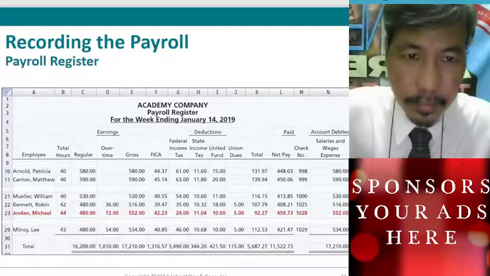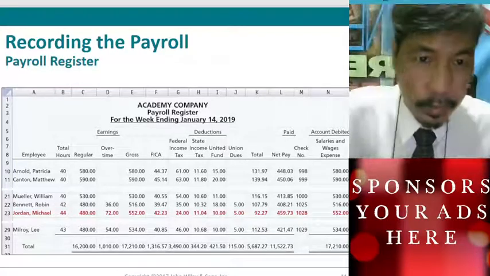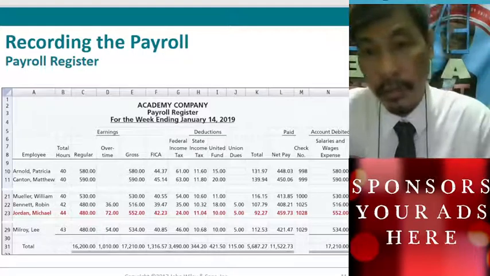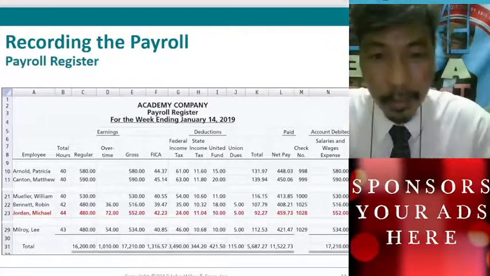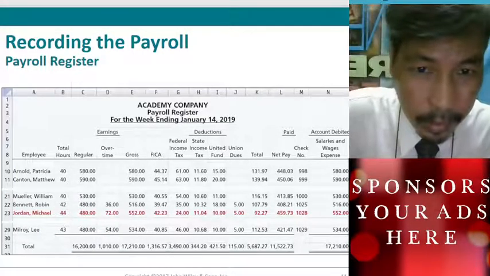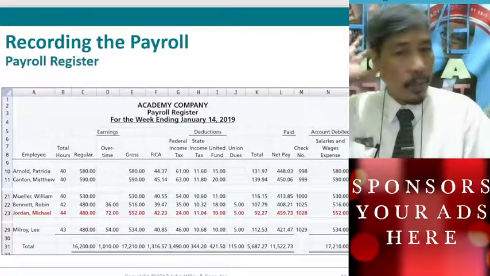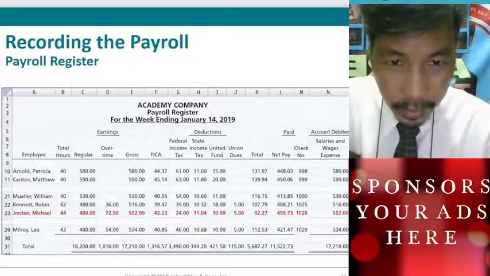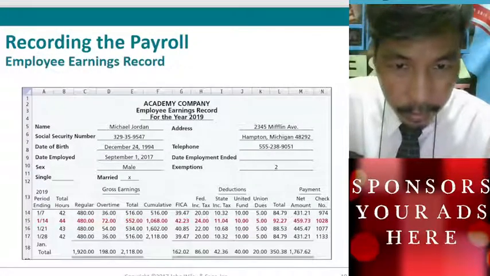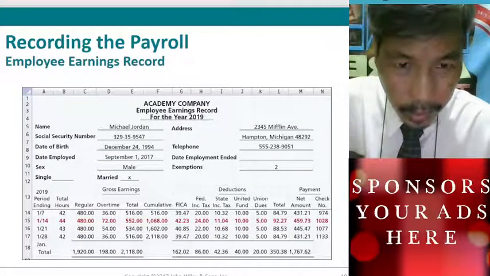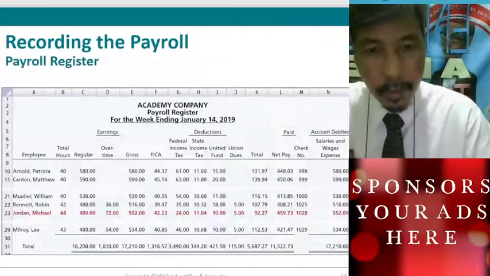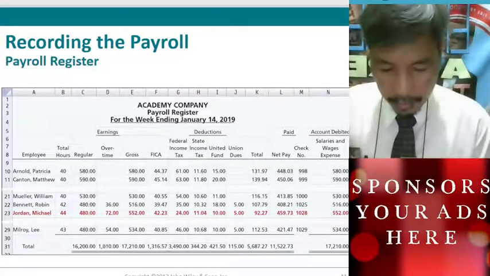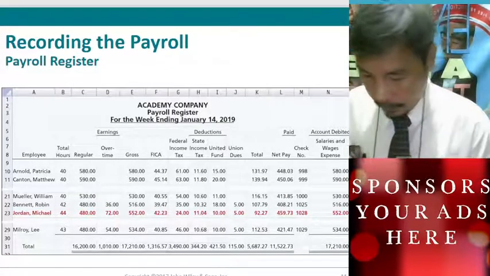Per week. So for the week ending, so wages, because this is less than 1 month. Total hours per week. They are giving out 40 hours per week. There is overtime. In the United States, 40 hours per week.